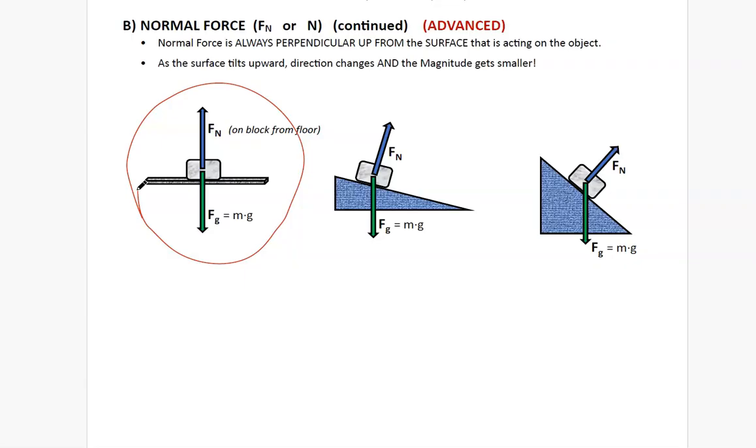But I want you to understand that while the force due to gravity, that is the weight force, always points straight down, there's no getting around that, the normal force is pointing straight up from the surface. So it's always perpendicular from the surface, hence the term normal force. It is always a normal line perpendicular to whatever surface.